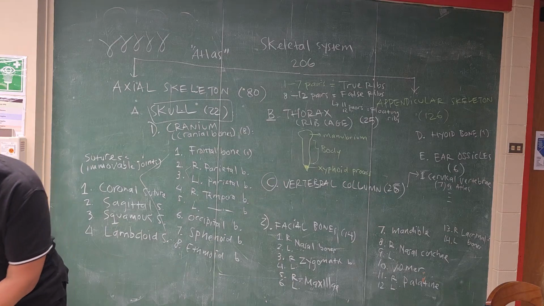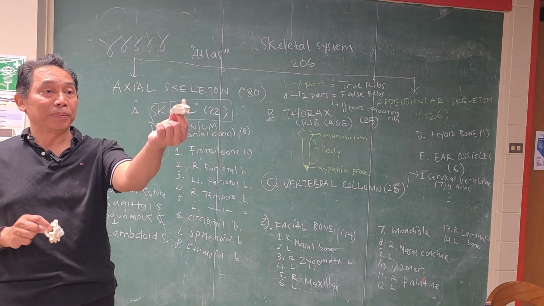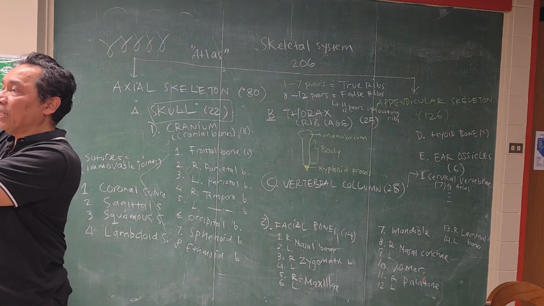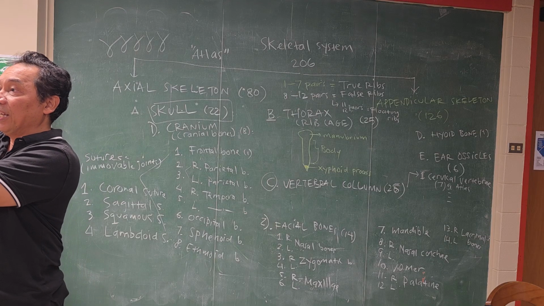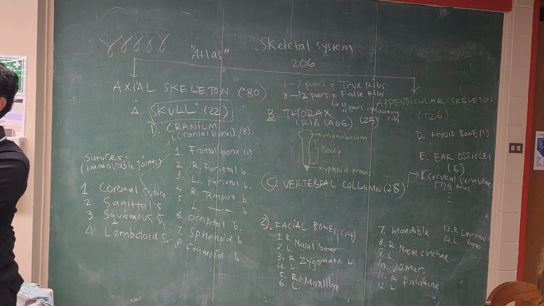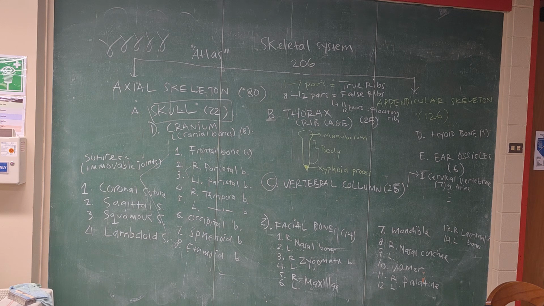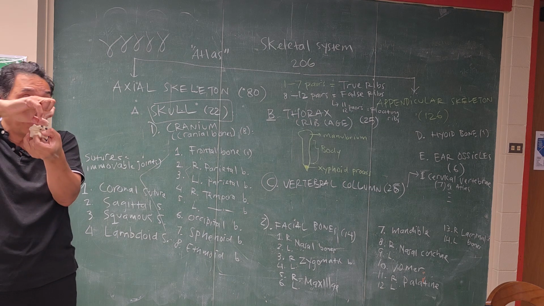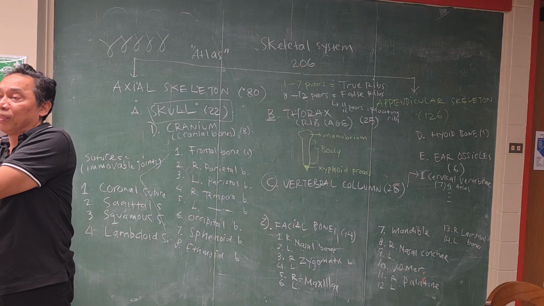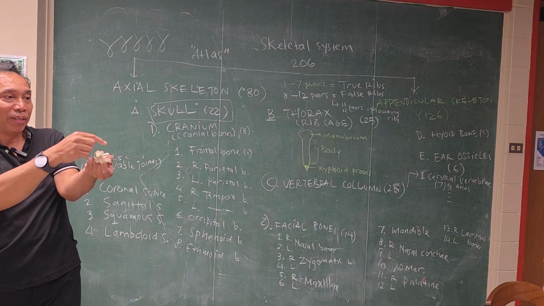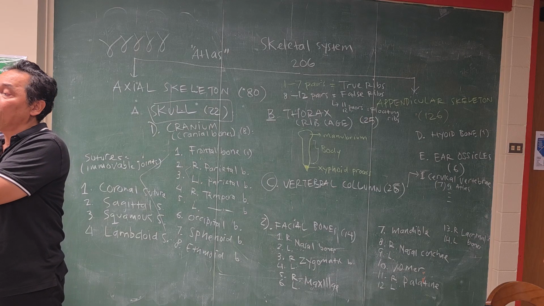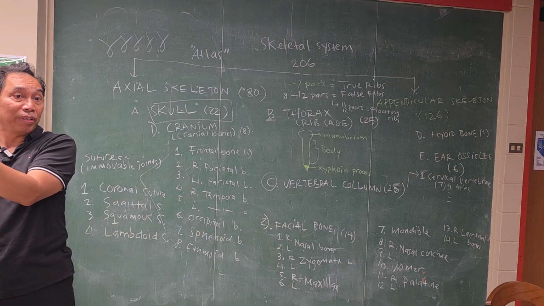Okay. Number 2 is like this. It has a projection called dens. And this actually fits with the atlas, allowing us to move. Atlas is the one holding the globe, our skull, right? When we say no, no, no, it's actually this one moving. Because it has the dens, and it enters into the first vertebra.